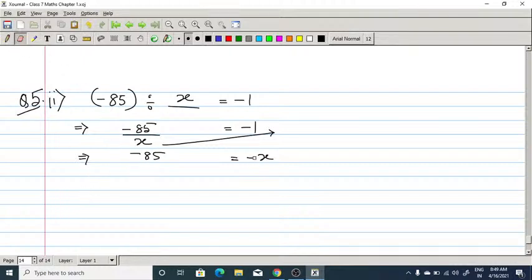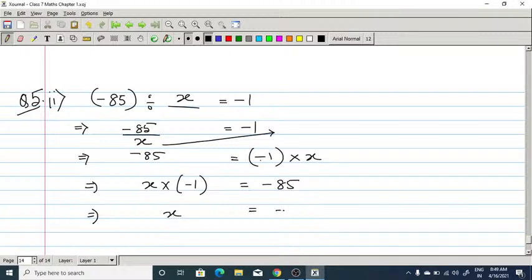So x will be equal to minus 85 divided by minus 1, that is 85.